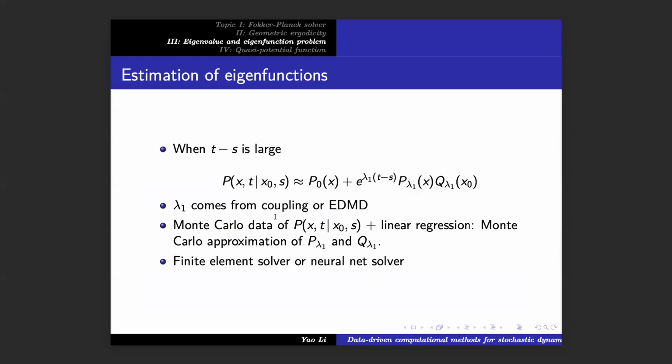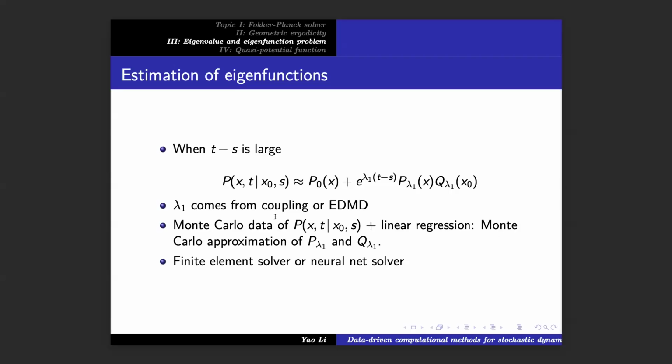So for example, you can use the coupling technique I mentioned like 10 minutes ago. And for example, you can use the EDMD. But with EDMD, you have to do this with a lot of care, because sometimes it works magically well in terms of recovering the eigenvalue, but sometimes it just doesn't work at all, because EDMD highly depends on how you choose the dictionary.